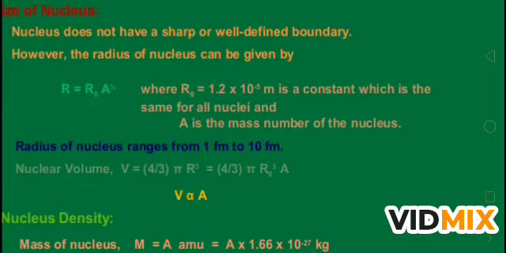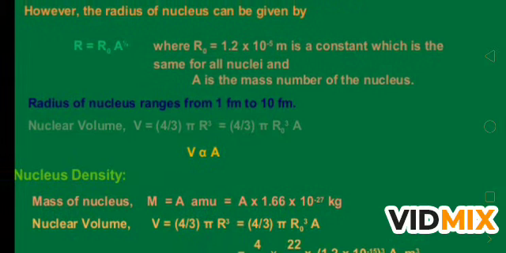The radius of nucleus ranges from 1 fermimeter to 10 fermimeter, and the nuclear volume is V is equal to 4/3 pi r cube, or 4/3 pi r naught cube a. That is, the volume of nucleus is proportional to mass number.